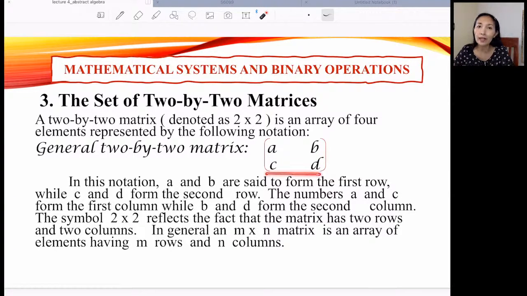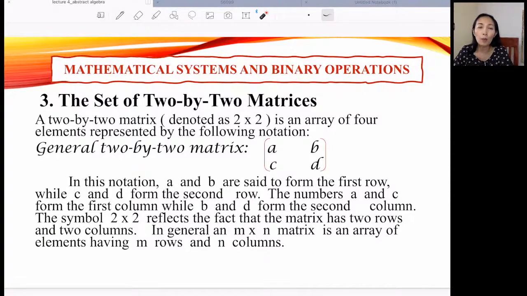And how many columns are there? We have 2 columns. A, C are the entries along the first column, and B, D are the entries along the second column. So 2 rows and 2 columns. That makes 2 by 2, and that's what we call the order or size of the matrix.